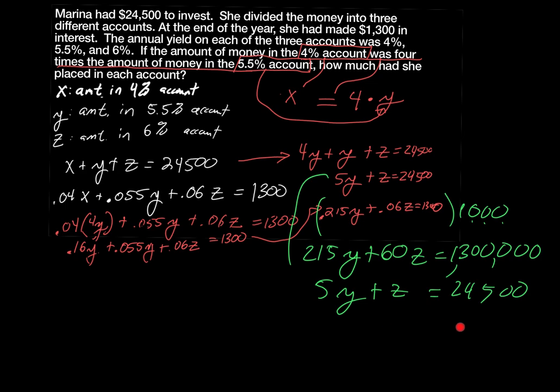So I'm thinking, what would I multiply this equation by to get rid of that z? I'm going to multiply it by negative 60. And if I do, I will have negative 300y minus 60z equals, and here I don't know that number off the top of my head. Someone with their phone out is going to calculate that number for me super quick.